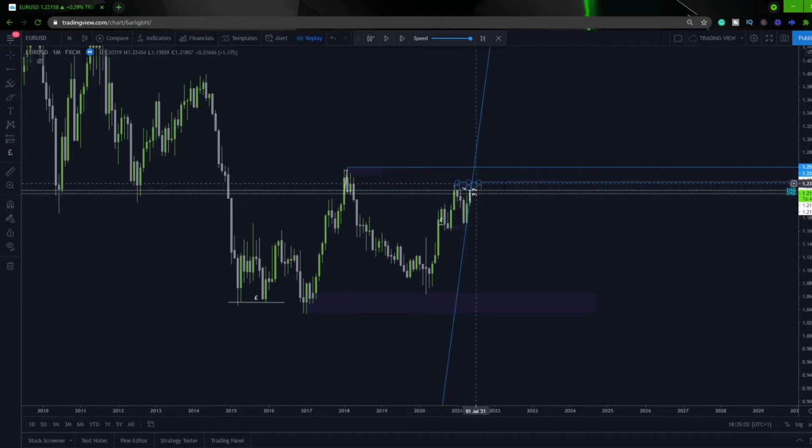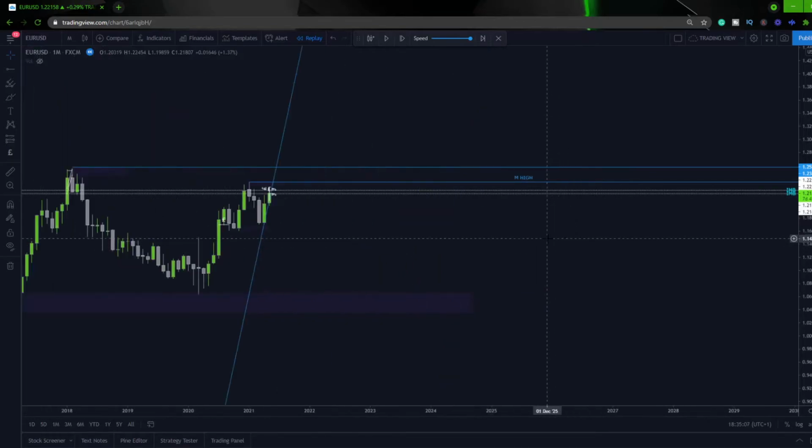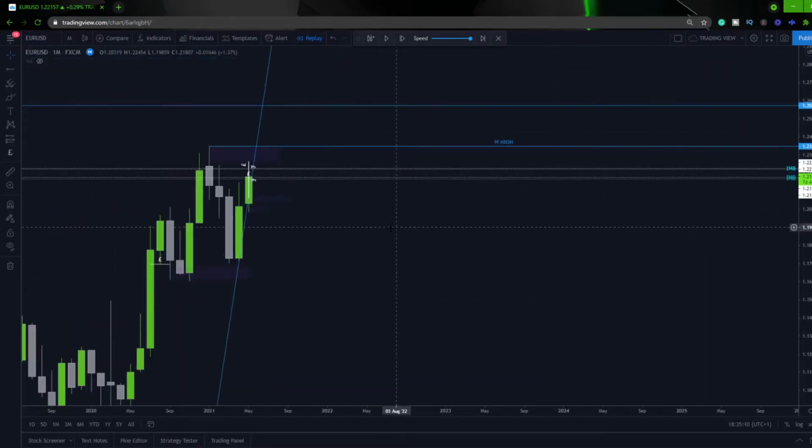So if we label these on again: monthly high, and then potentially our higher level down there.